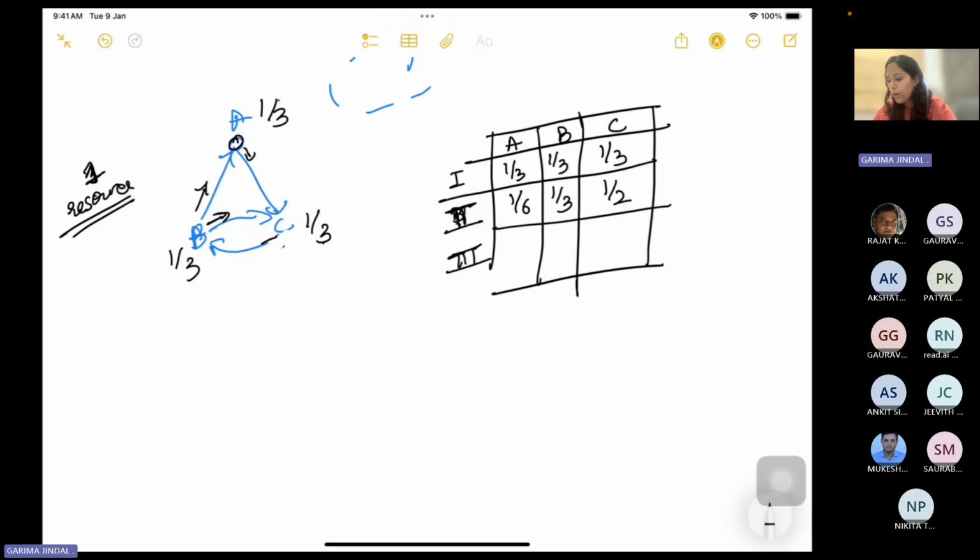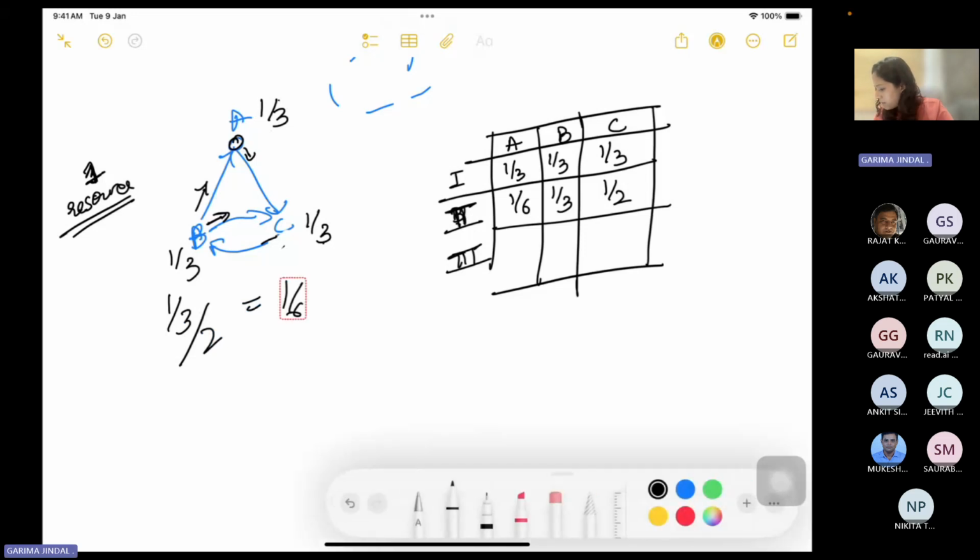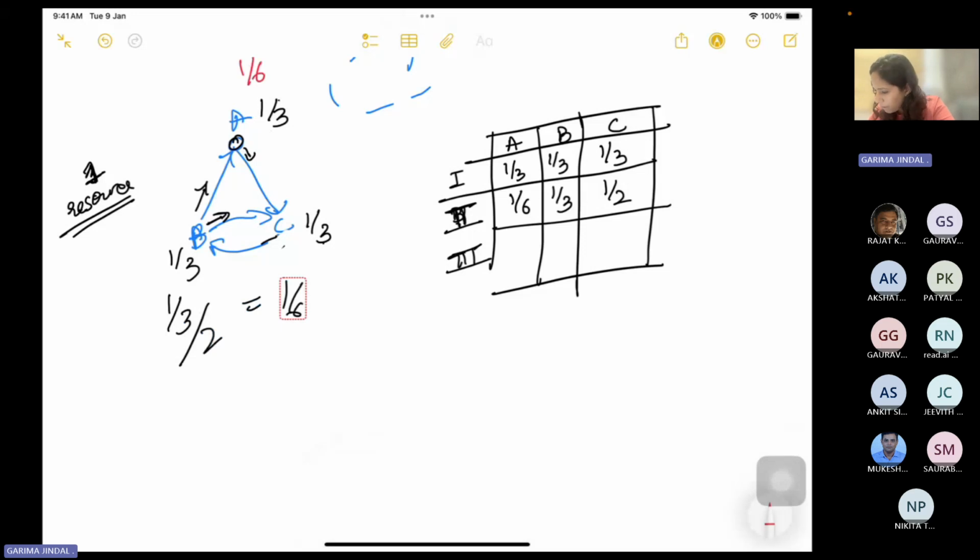So for now everyone has 1/3, 1/3, 1/3. Now B is distributing its resource to both A and C, so it will divide its resource. You divide 1/3 by 2, which will be 1/6. So it will distribute 1/6 to A and 1/6 to C.